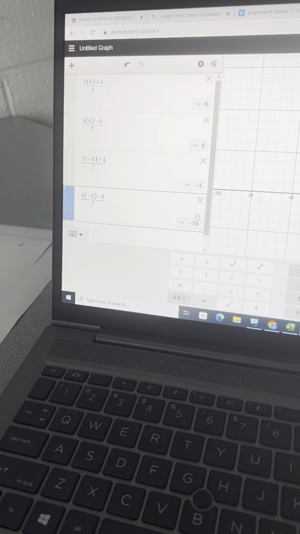You got -4. Let me write these up on a piece of paper too. So that's how you would know if you made a mistake on anything in there, that they do not equal. And that's why it's good to check yourself on your answers.